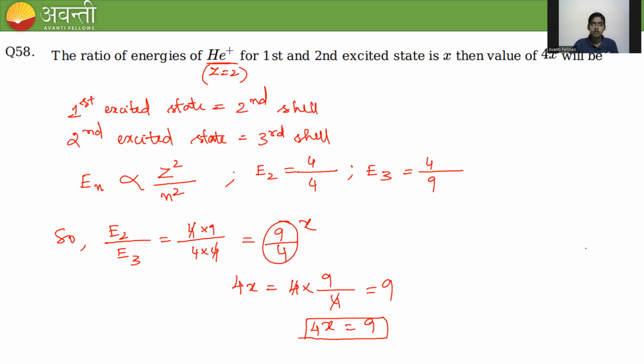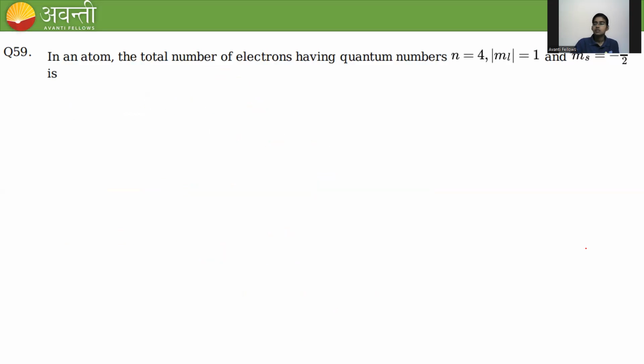Okay. So coming to question number 59. In an atom, the total number of electrons having quantum numbers n is equal to 4, ml is equal to 1 and ms is equal to minus 1 by 2. So if the n value is equal to 4, L can have values from 0 to n minus 1, right? That is 0, 1, 2 and 3.